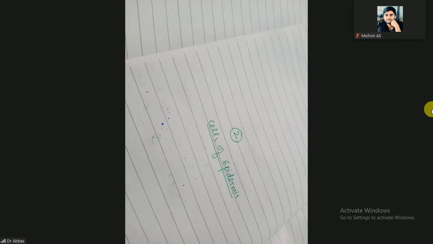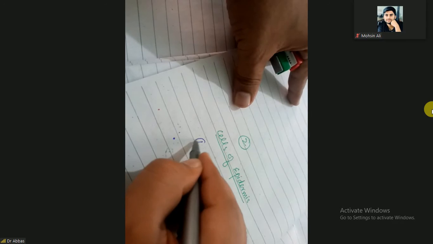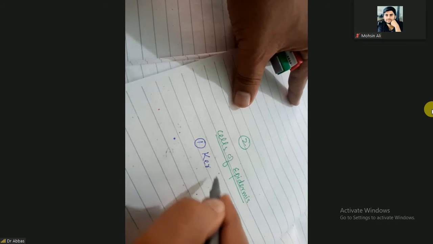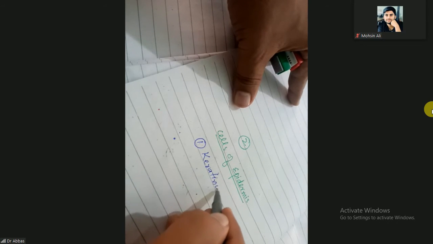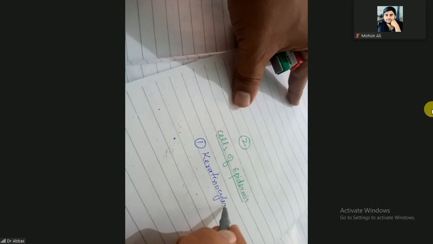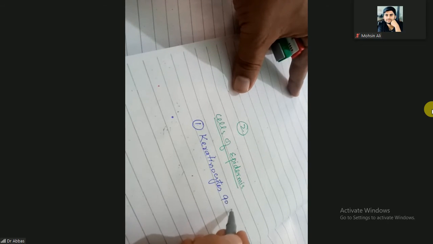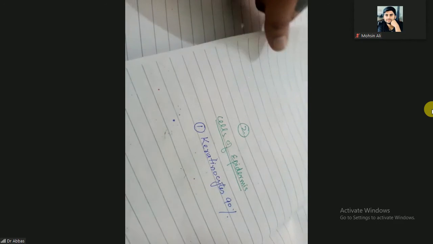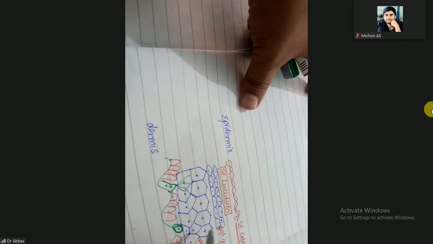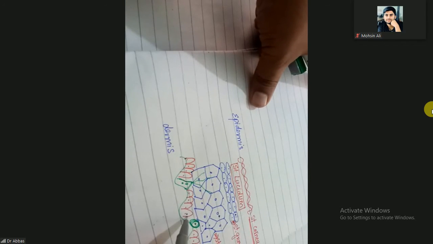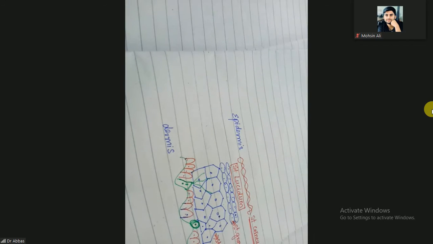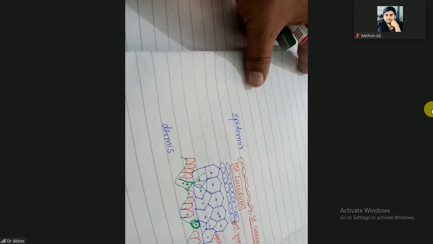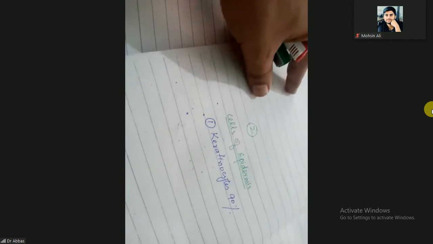First one is the keratinocytes, which comprise 90% of the epidermis. All these cells of the epidermis are keratinocytes.